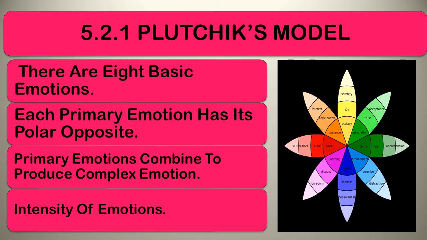Example, the least intense form of anger is called annoyance. And when it reaches the highest level of intensity, it becomes rage. Emotion with no color shows a combination of two primary emotions. For example, joy and trust combine to produce love.